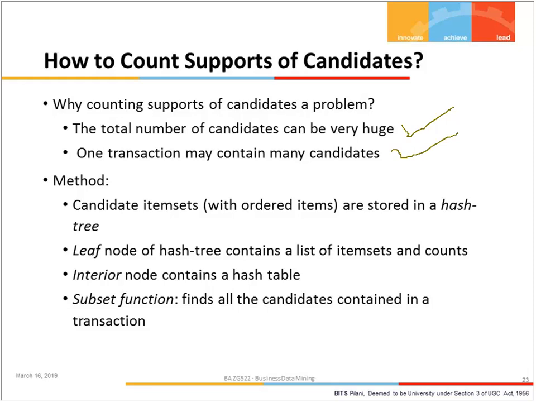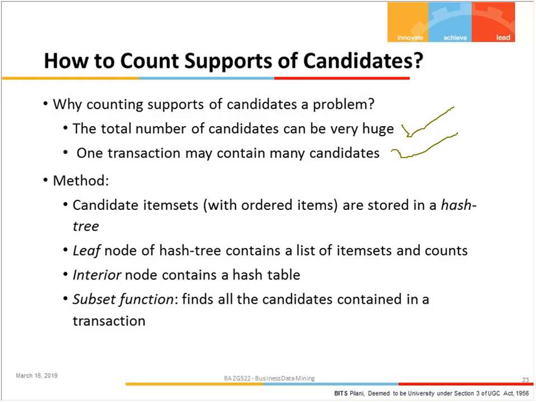For each candidate, we read the transaction once and calculate the support. As we can see, for a large database the number of candidates is very large, so counting support for each one of them can become a tedious, time-consuming task for the machine.